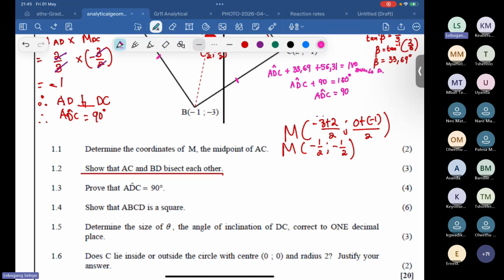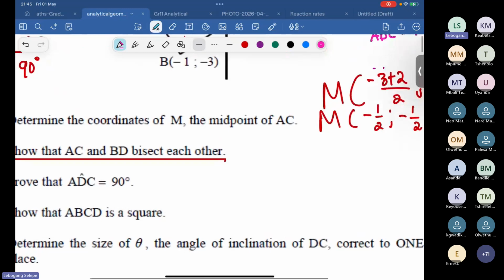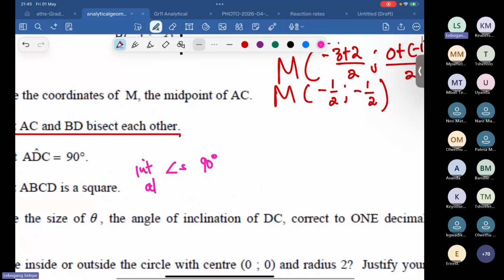So in this case, already we know that one of the interior angles is 90 degrees. The moment you have proven or shown that one of the interior angles is 90 degrees, and then you've shown that all sides are equal, you are fine.